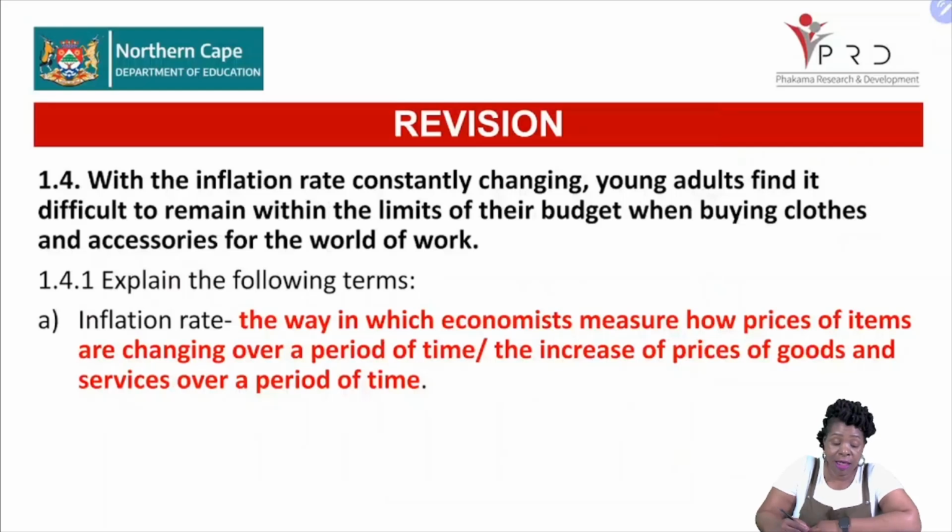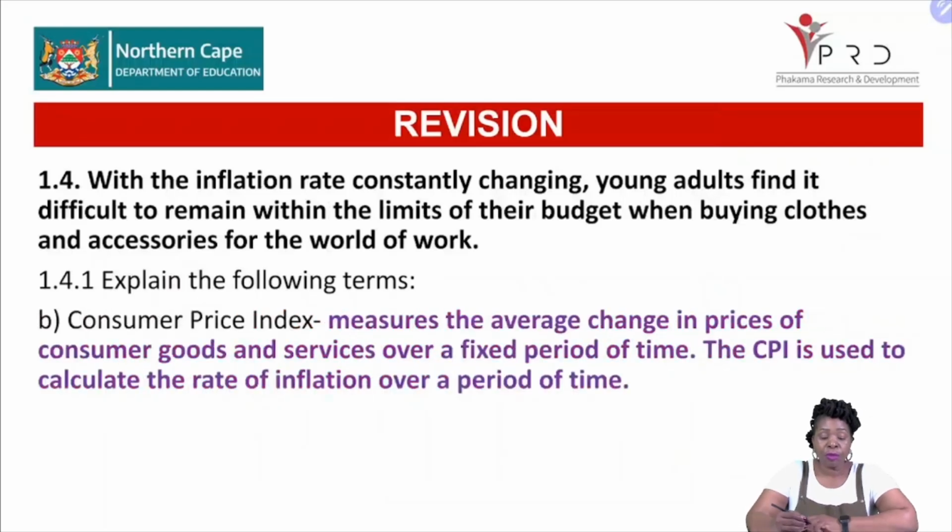Or we can say inflation is when the prices of goods and services keep going up or they keep rising, whilst our salaries still remain the same. So it means we end up drowning in our budgets. It means your budget doesn't match the amount of money that you are earning, right? So that's inflation.